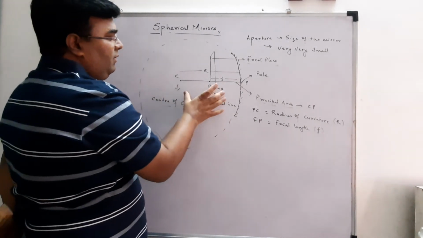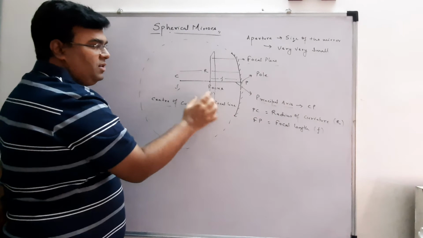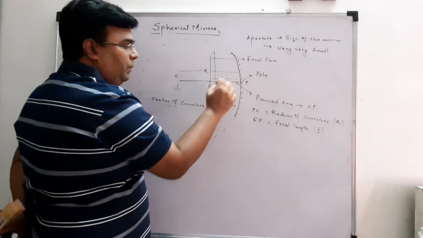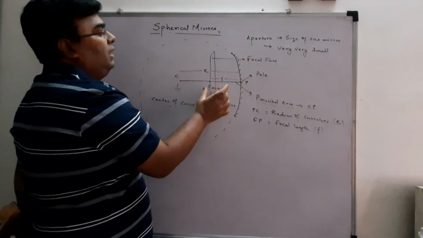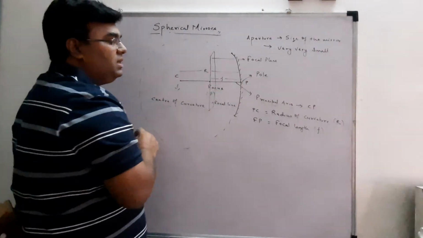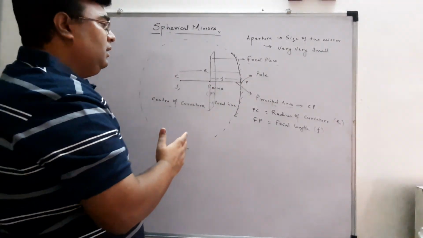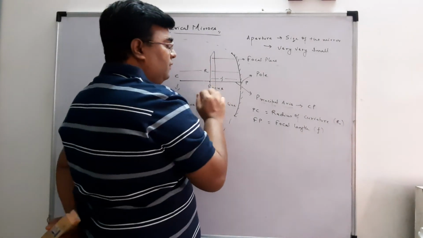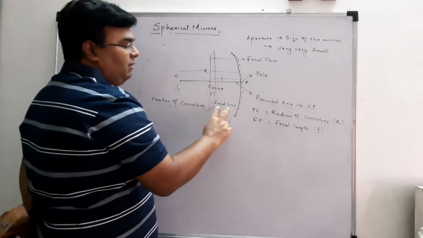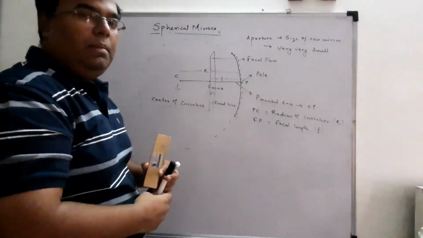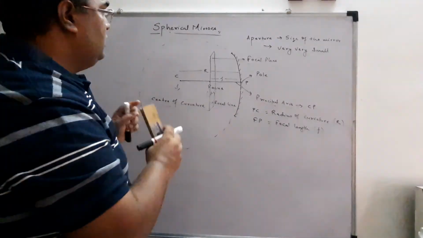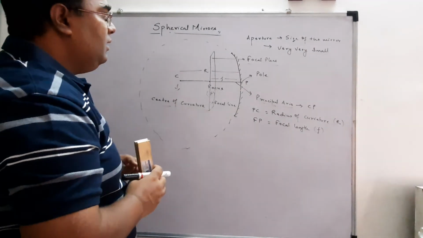Then CP is the radius of curvature, the length from center to P. The midpoint of CP is known as the focus, and the length of the focus from P is known as the focal length. If you draw a line perpendicular to the principal axis, it is the focal line. If you draw a plane, it is called the focal plane. So this is all about spherical mirrors.